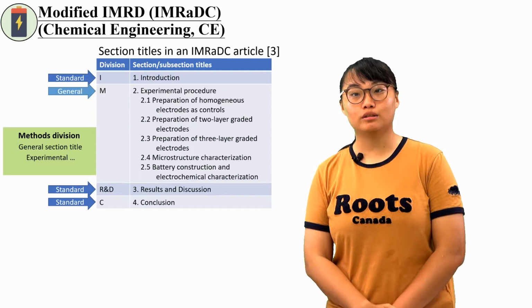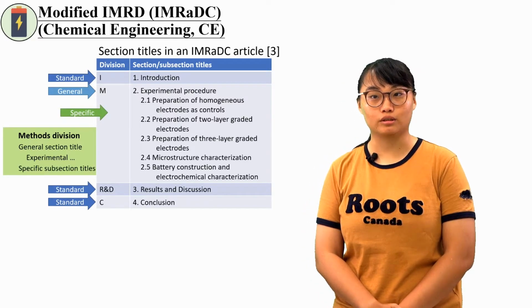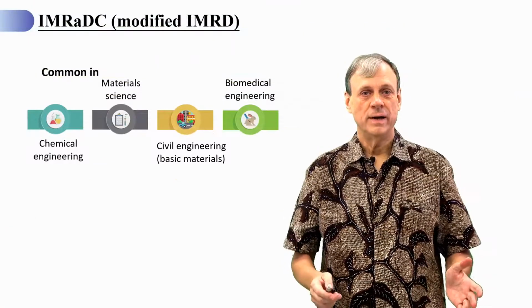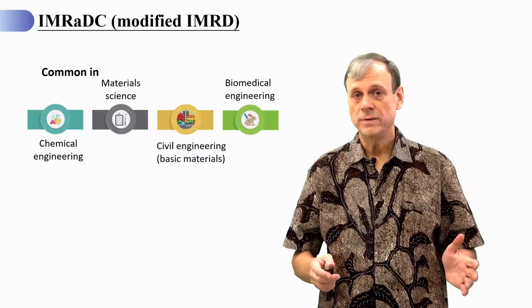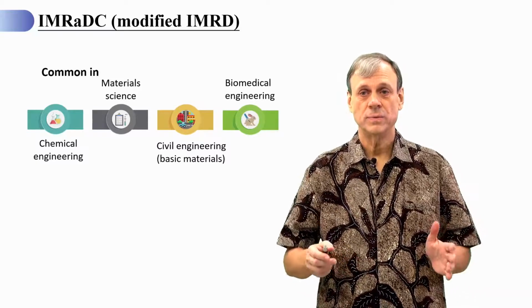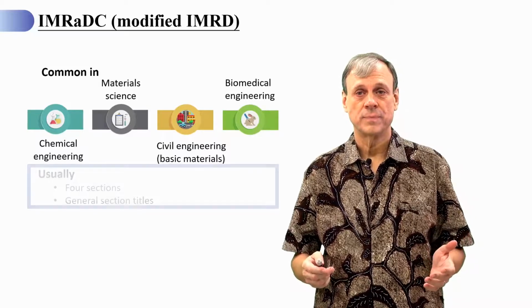As with science articles, only the methods division has subsections with titles related to the research. So this modified IMRD format is common in chemical engineering, and also in other fields like material science and civil engineering that deals with basic materials, and in things like biomedical engineering.